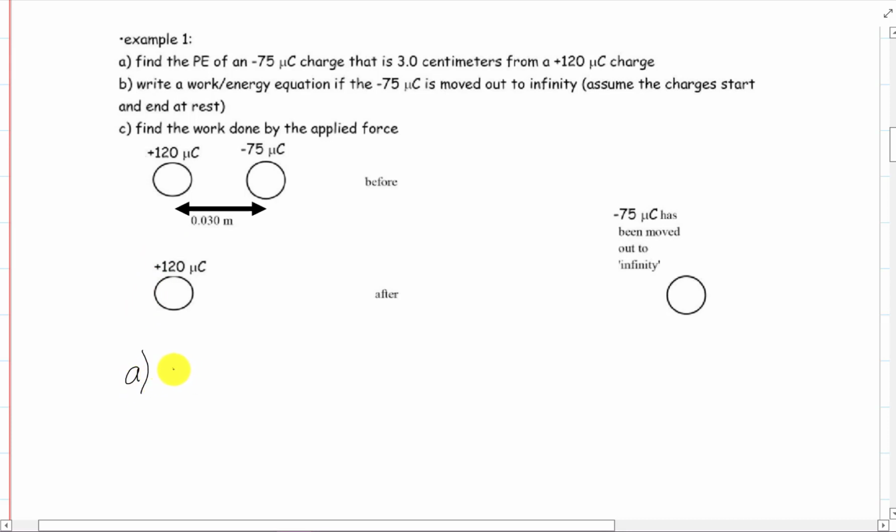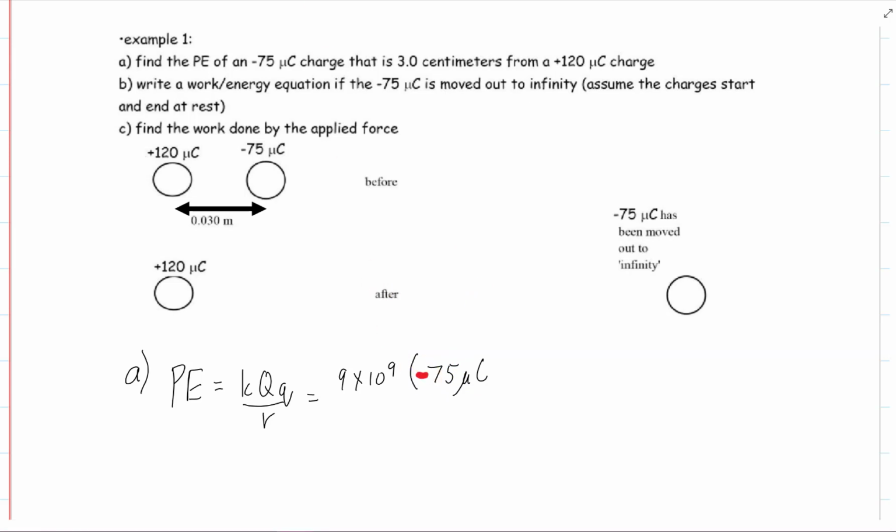Potential energy equals kQq over r, 9 times 10 to the 9th. Q is 75 microcoulombs, but it's negative, and we have to worry about the negative.